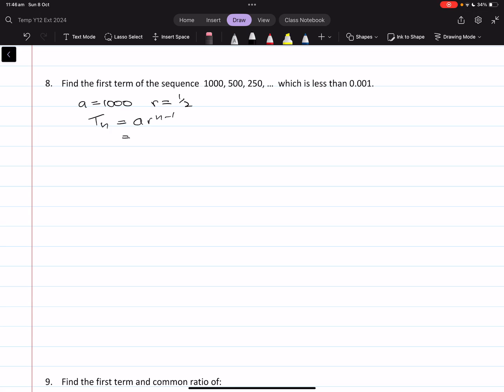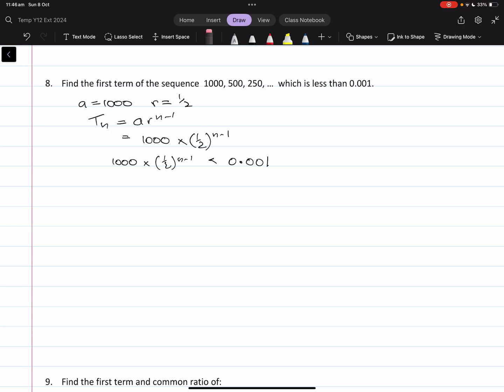So in this case, it's going to be 1,000 times a half to the n minus 1. And we need that to be less than 0.001. So we've got 1,000 times a half to the n minus 1 is less than 0.001. We're making the nth term less than 0.001.